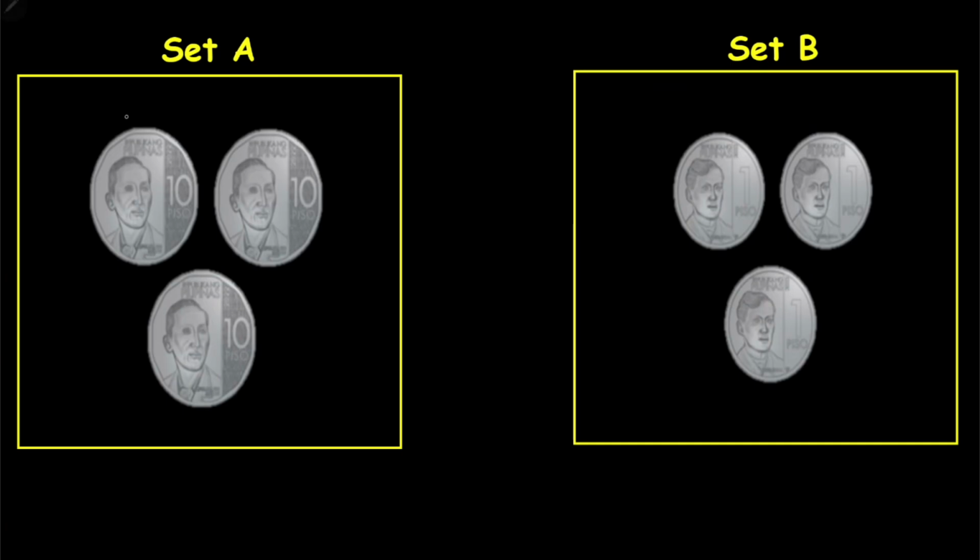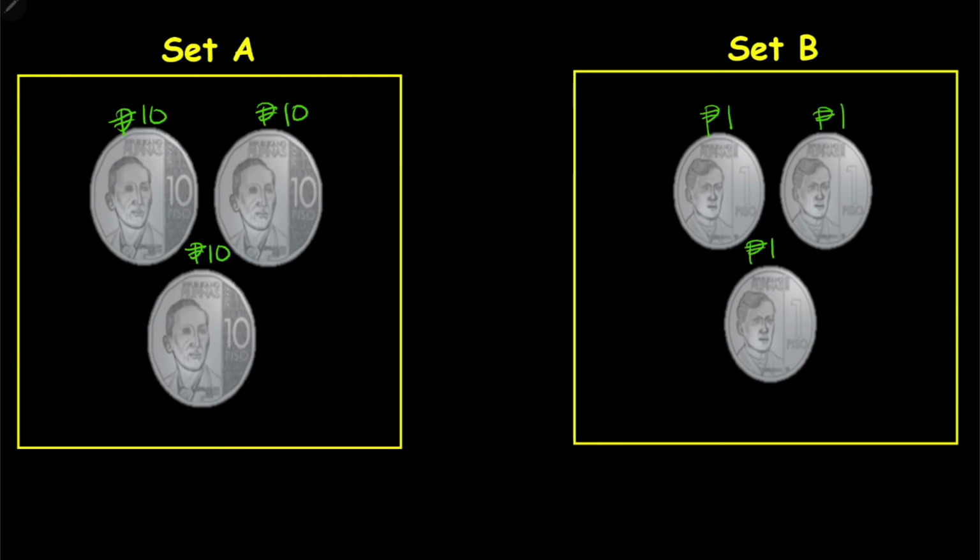So a 10 peso coin is worth 10 pesos each. How about in set B? In set B, I have three 1 peso coins. So these are worth 1 peso each.